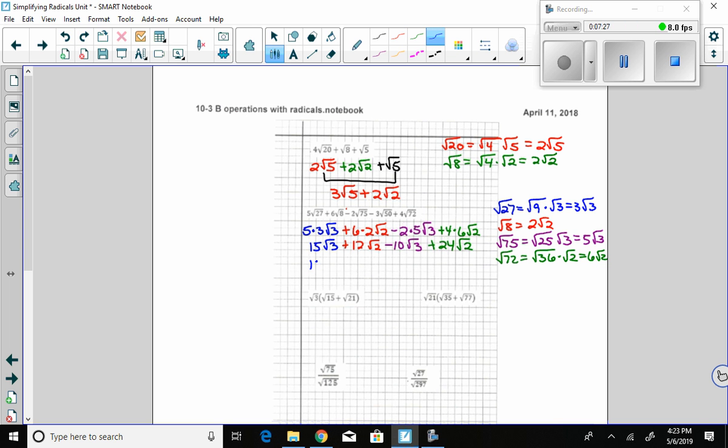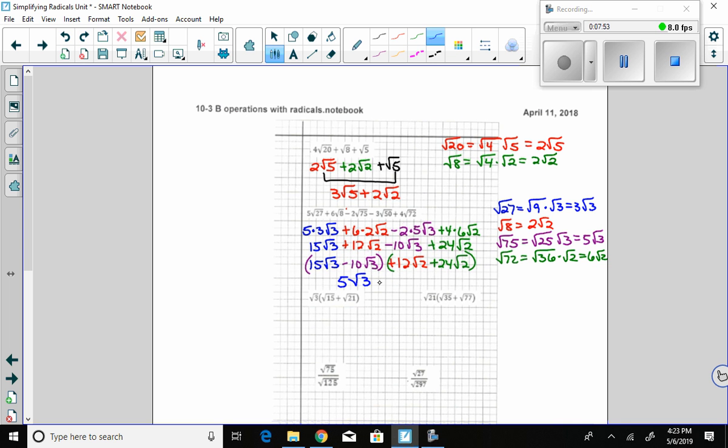Okay, so I'll go a little slow. 15 root 3 minus 10 root 3, right? I can put those together, plus 12 root 2 plus the 24 root 2, right? Put the ones that look alike together. And so when I have 15 root 3 minus 10 root 3, I end up with 5 root 3.